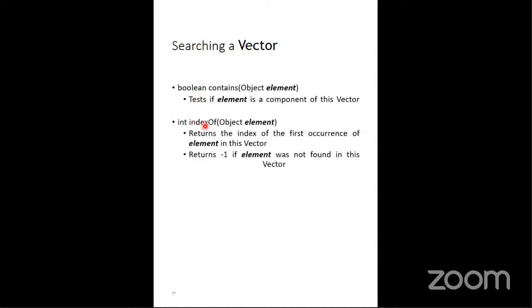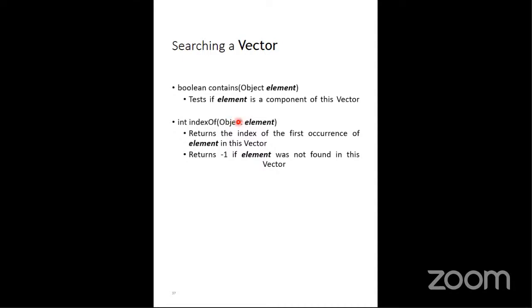You can also use indexOf. See the difference between contains and indexOf: contains returns true or false, whether this object is found in the vector or not. Sometimes you want to find out where this object is present. In that case, you can use indexOf.